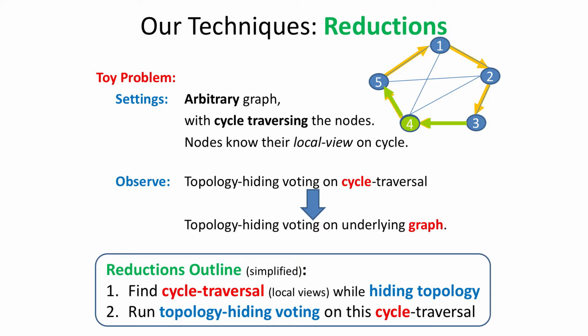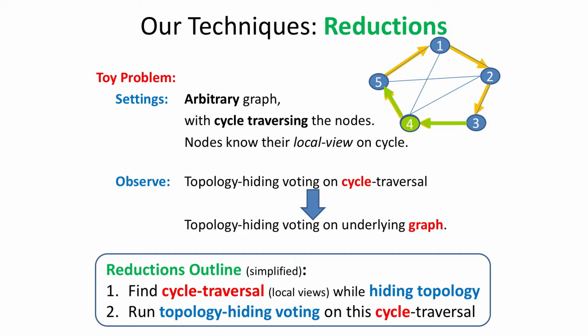And we assume that each node knows its successor and predecessor on that cycle. So now if we just apply our topology hiding voting on that cycle traversal, we get a voting on the entire graph, on all nodes of the graph. They all participate in the cycle. So if we do topology hiding voting on this cycle traversal, we get topology hiding voting on the graph.